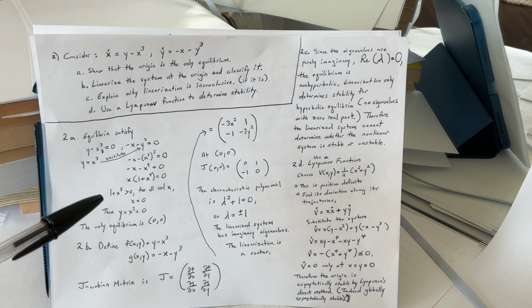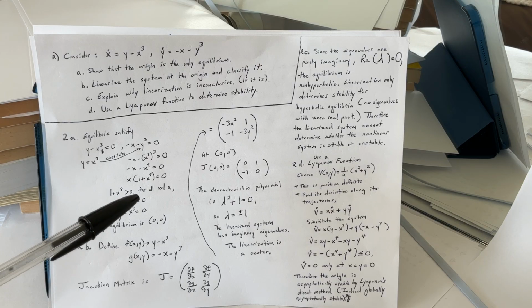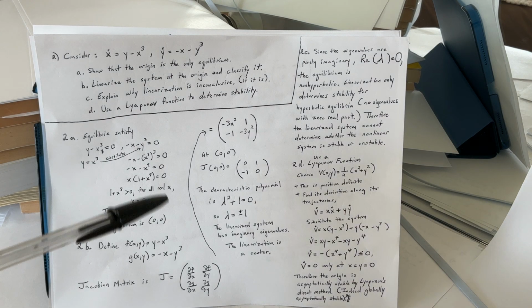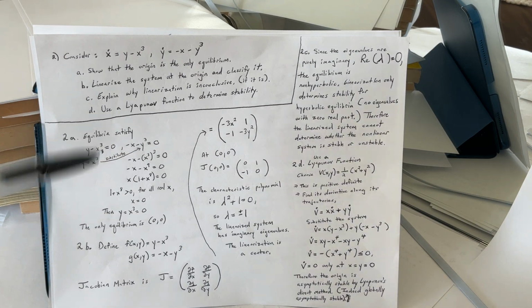Since 1 plus x to the 8th is greater than 0 for all real x, x has to be 0, and y equals x cubed equals 0. Just doing the algebra here, the only equilibrium is at (0, 0). That's pretty much algebra for the most part.